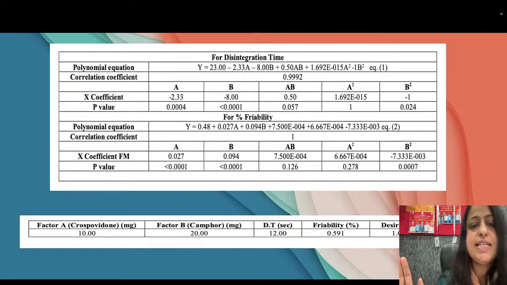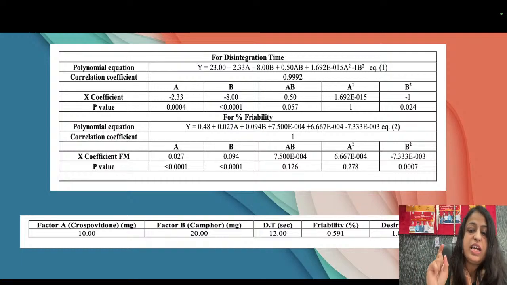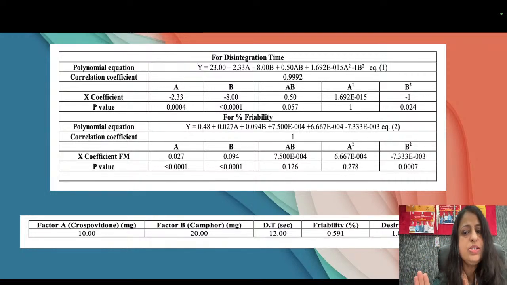If the case is like this, then you can say yes, this batch is considered as the optimized batch, because this formula is given by the factorial design and our experimental results are consistent with the factorial design results.